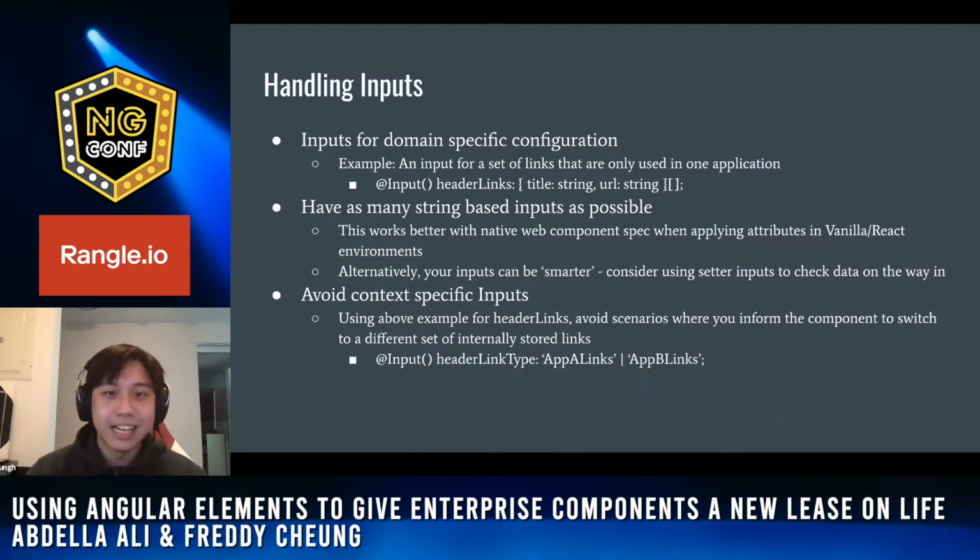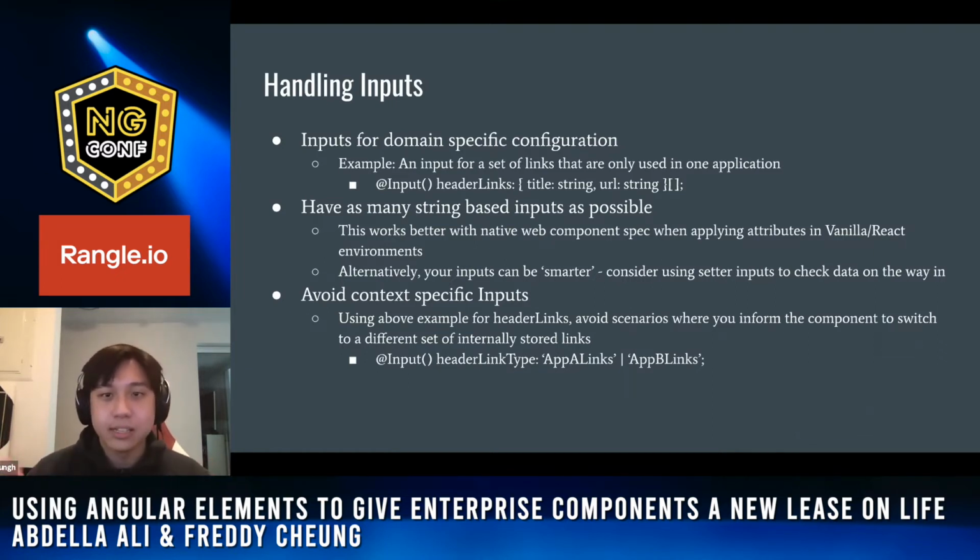And lastly, we can't forget, we want to avoid context-specific inputs. So revisiting our header component that we designed in step one, let's think about the same pattern. We want to avoid creating an input where we would control a specific behavior tied to a different type of app.